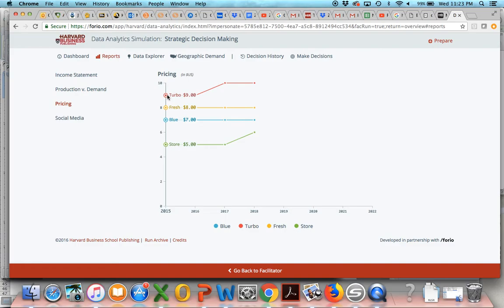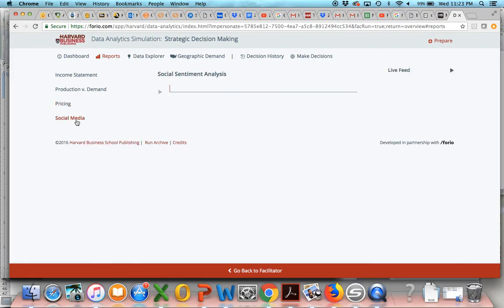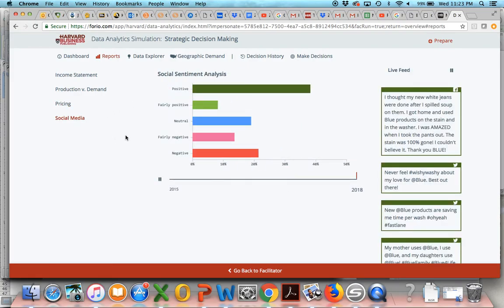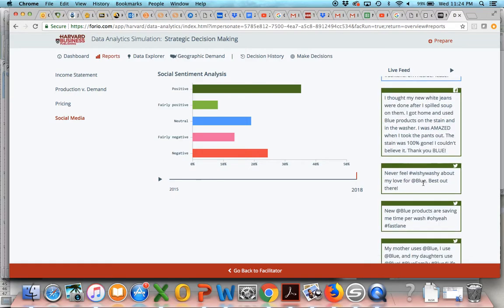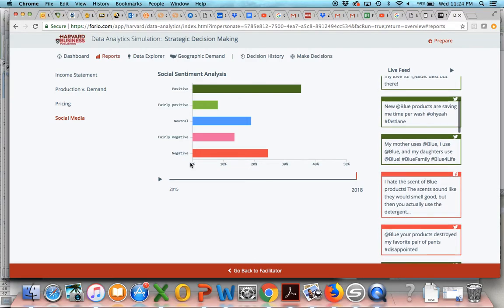So that's another thing you're going to be deciding on, how much to price it at. And lastly, social media, what is the reaction? What do the comments look like? So this is all stuff to, again, get a big picture view of where the company stands.